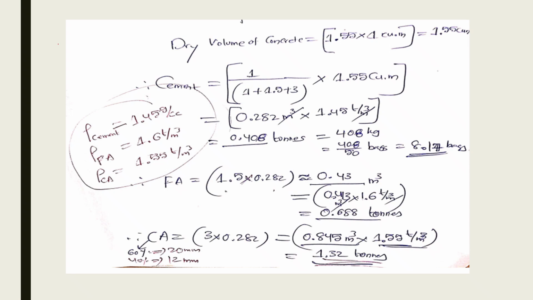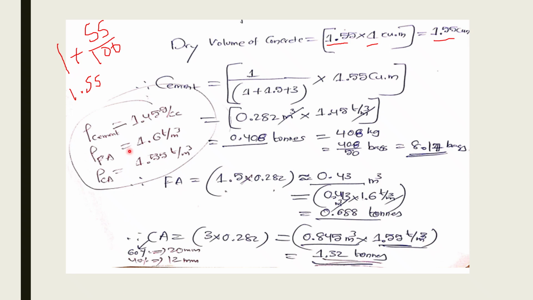Suppose we consider the wet volume is 1, the dry volume is 55% more than that, meaning 55 by 100. We get 1.55. To get the dry volume, multiply 1.55 with 1, where 1 means 1 meter cube. We get 1.55 cubic meter.